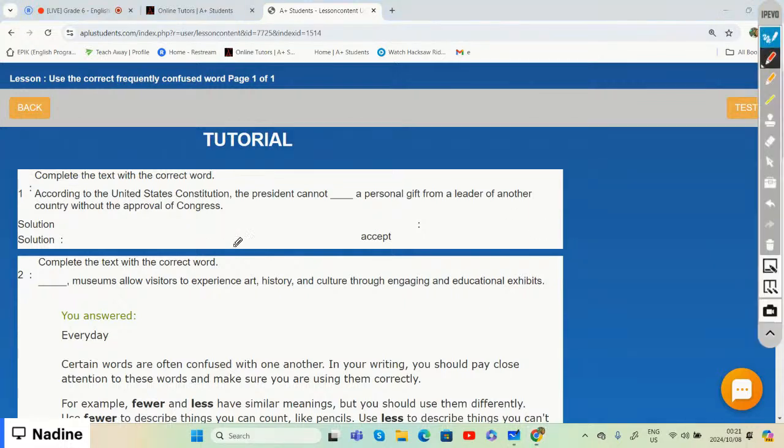So according to the United States Constitution, the president cannot accept option one or except option two, a personal gift from a leader of another country without the approval of Congress.